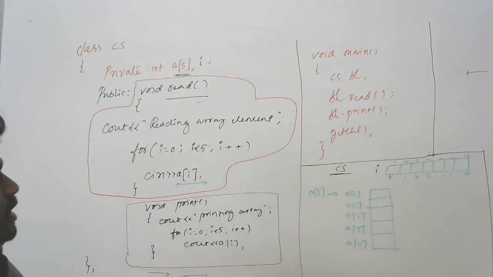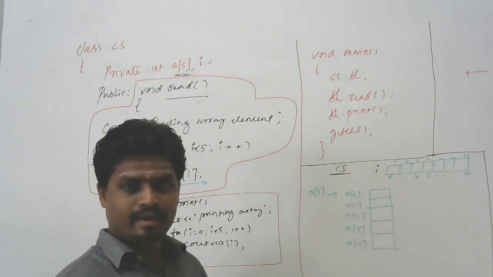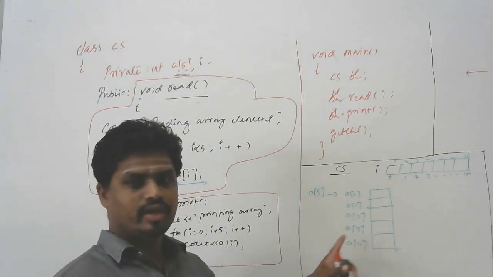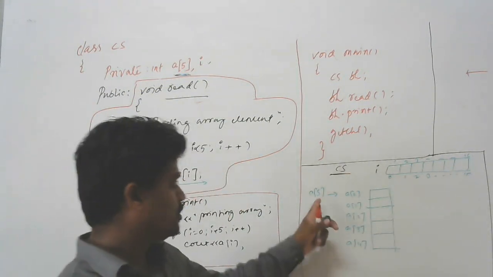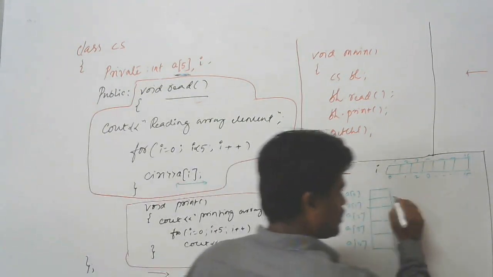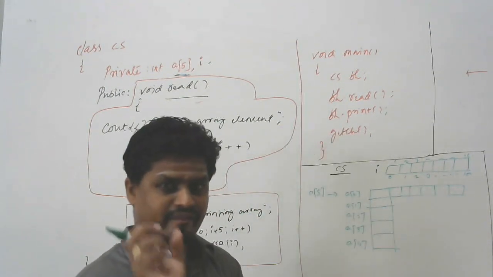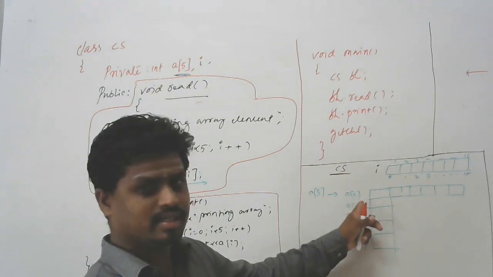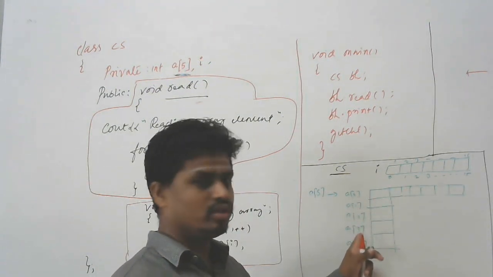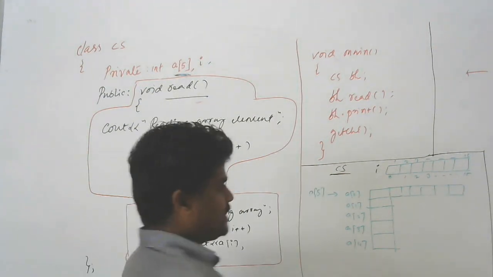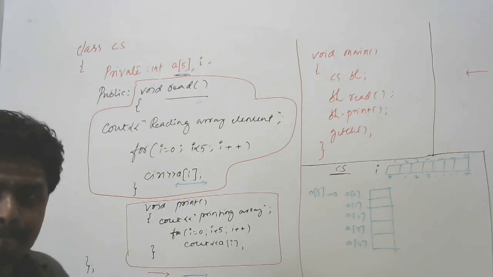Because array execution always starts from 0, 1, 2, 3, 4. I is of integer type, 16 bits, and the array is the same. Each and every array element allocates an integer value separately. So 16 bits for each of 0, 1, 2, 3, 4. Just the array size I am defining here. This is how we normally look at the memory.